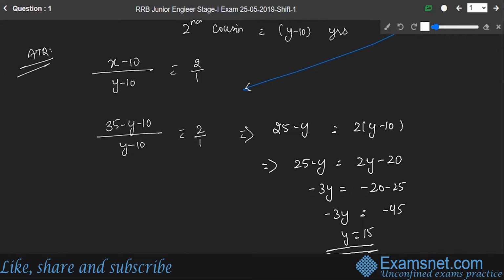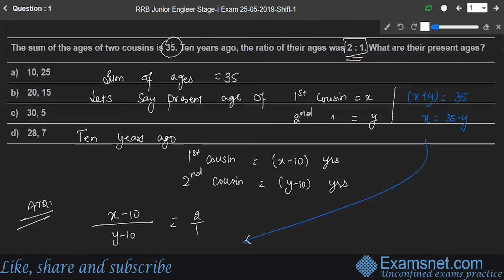If y is equal to 15, then x is 20. So the first cousin has a present age of 20 and the second cousin has a present age of 15.